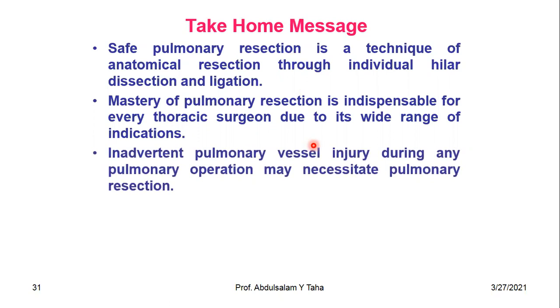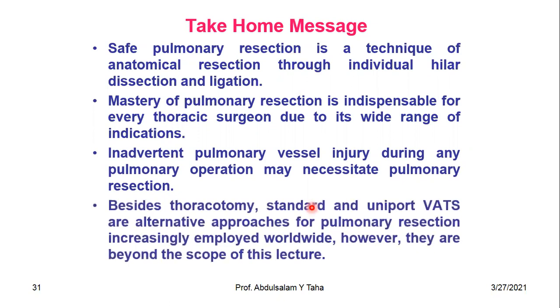Inadvertent pulmonary vessel injury during any pulmonary operation may necessitate pulmonary resection. And besides thoracotomy, standard and uniport VATS are alternative approaches for pulmonary resection, increasingly employed worldwide. However, they are beyond the scope of this lecture.